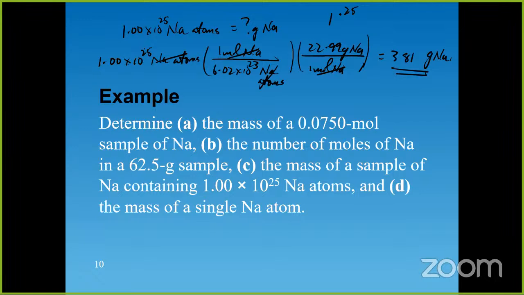Let me see your calculator for a minute. So this calculator here is a Texas Instruments TI-30X IIS. And in this calculator, let's say I want to express 1.00 times 10 to the 25. Let me clear this first. Okay, so 1.00.